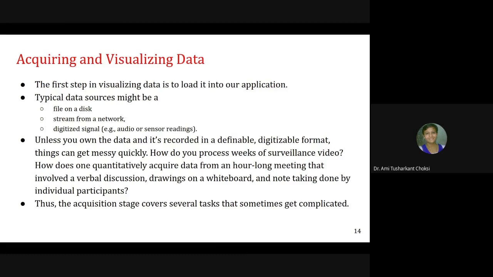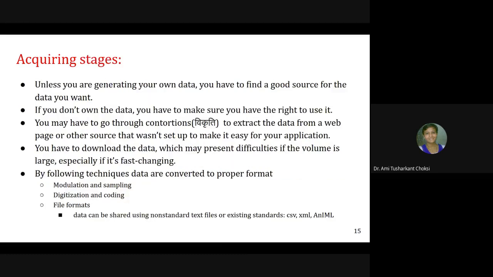And the first step is acquiring the data. So for that we have considered file on disk, stream from the network, digitize, signal. This can be the data sources for us. And what are the stages of acquiring?